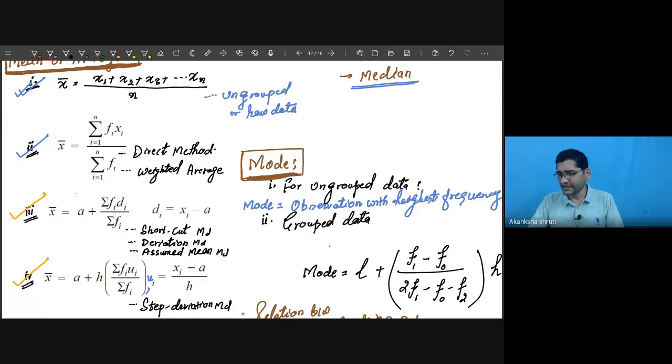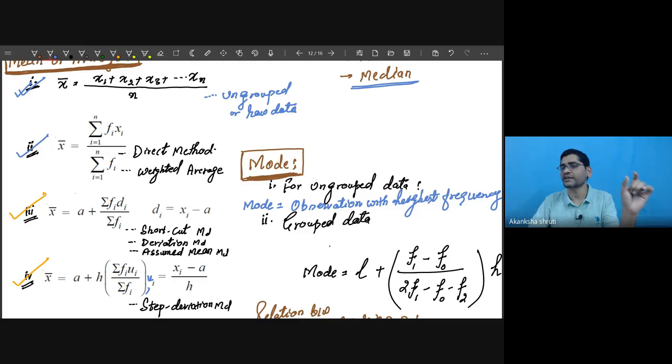So first allocate the lower limit of the modal class, then calculate the mode by the formula: mode is equal to lower limit of modal class plus f1 minus f0 whole divided by twice of f1 minus f0 minus f2, where f1 is the frequency of the modal class, meaning the highest frequency we have determined.